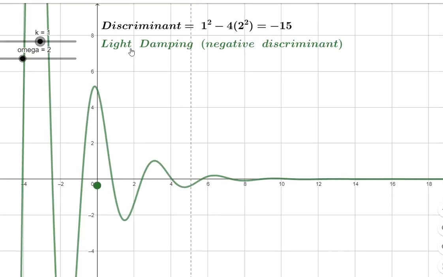But all of these examples so far are what's called light damping, because we still have this oscillation going on as time goes by.